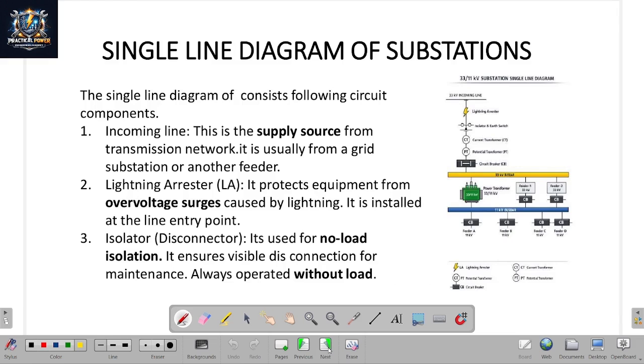In a single line diagram, the diagrams consist of the following components. One is your incoming line. This is the supply source from the transmission network, where the power comes into the substation as the incomer, usually from the grid substation and other feeder.